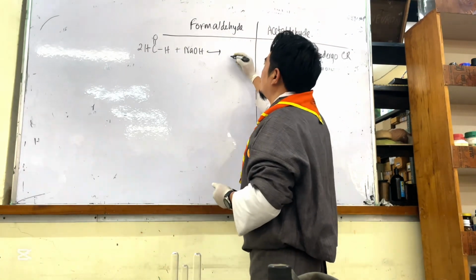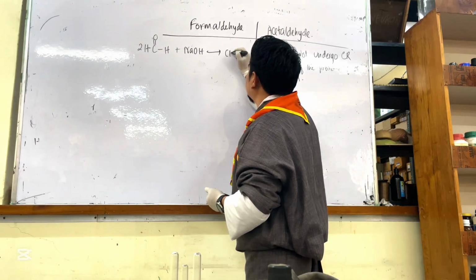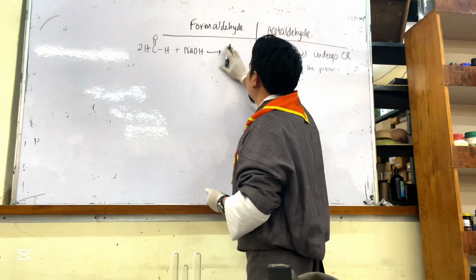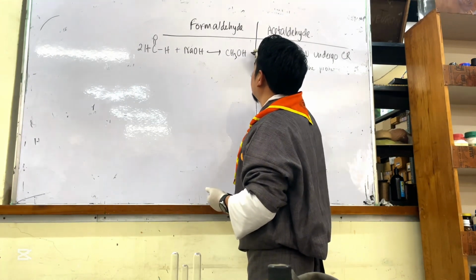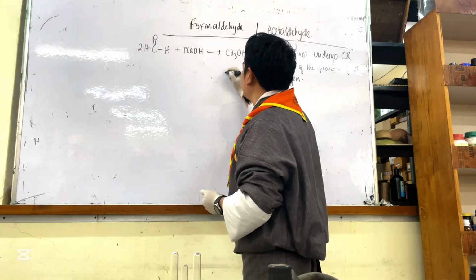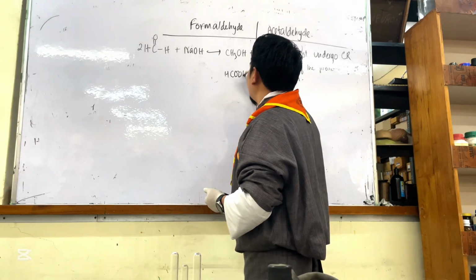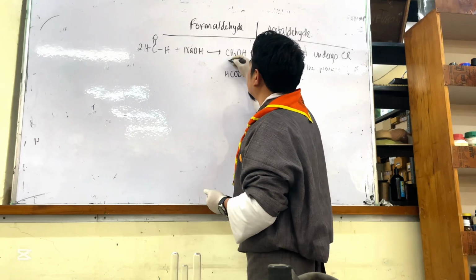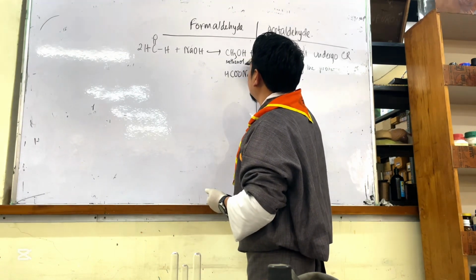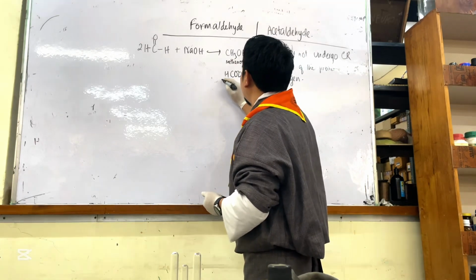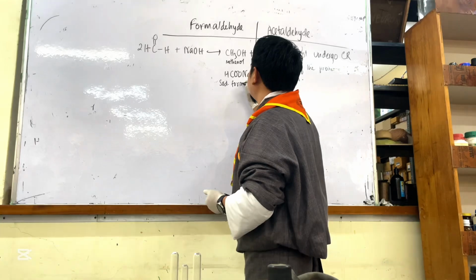Then it will give you one product, which is alcohol, CH3OH, methanol, plus HCOONa. So this is your methanol. This is your sodium formate.